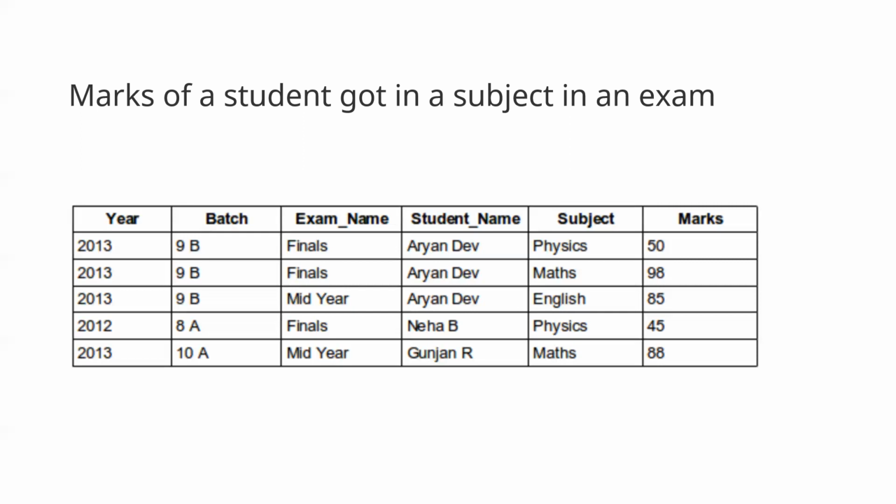Whatever columns they mention in the grain, we need to pull all those columns from the source system to create this kind of fact table. Just like here, marks of a student in a subject in an exam.